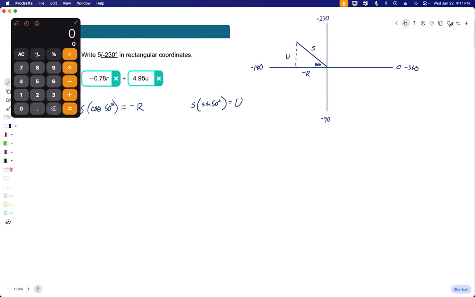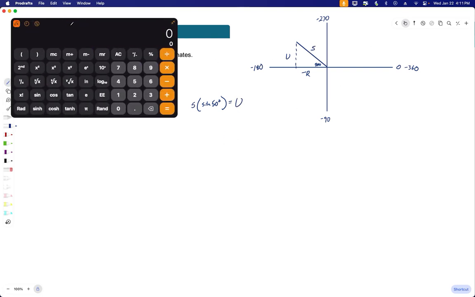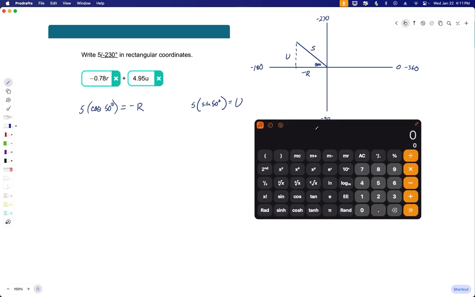So then all we have to do is pull up our calculator. Let's get our scientific calculator going here. And we're going to find 50 cosine times 5. And round that to 2 places, 3.21. So 3.21 is your negative r.